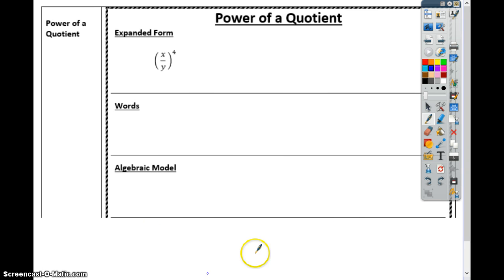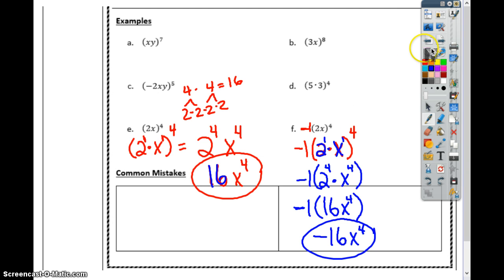Now that's going to be your day 1 of 3.4. We're going to split it up. We're going to do power of product day 1. All right? So on your worksheet on page 8, I want you to do numbers 3, 4, 5, 6, 7, 8, and 13 on the front.